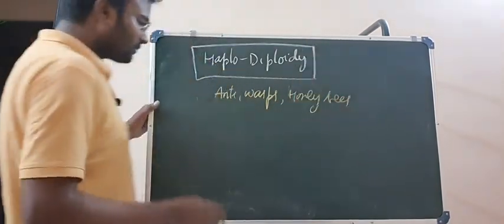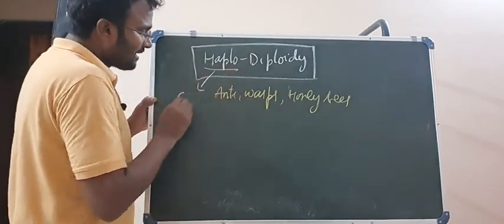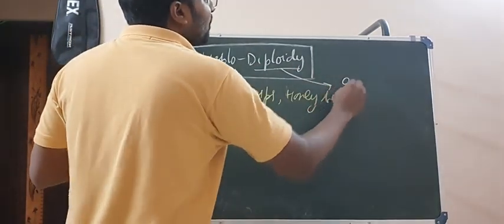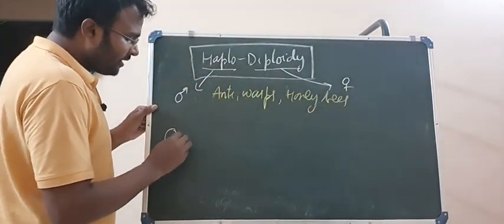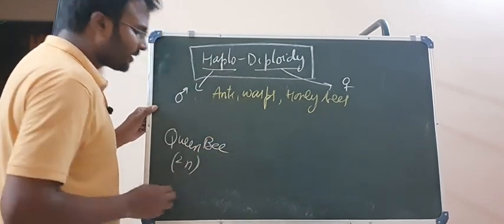So let me explain this. Here males are haploid in nature, the females are diploid in nature. So the queen bee, if you take, is 2n in condition.